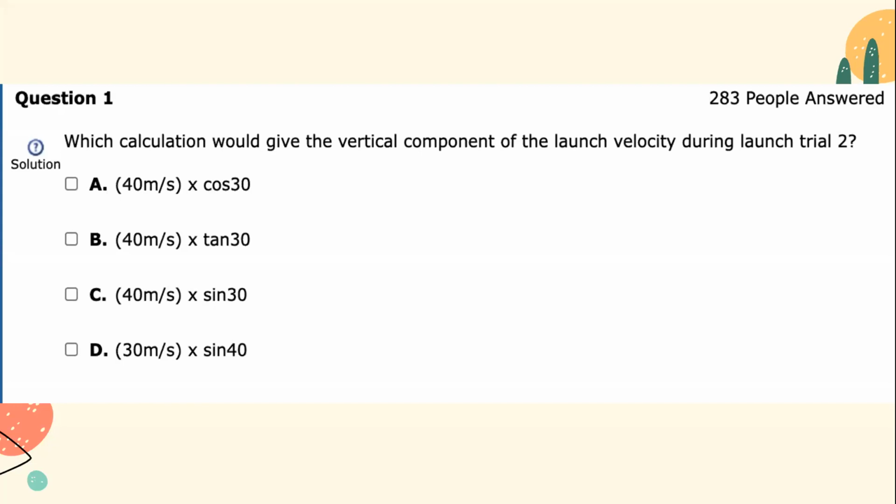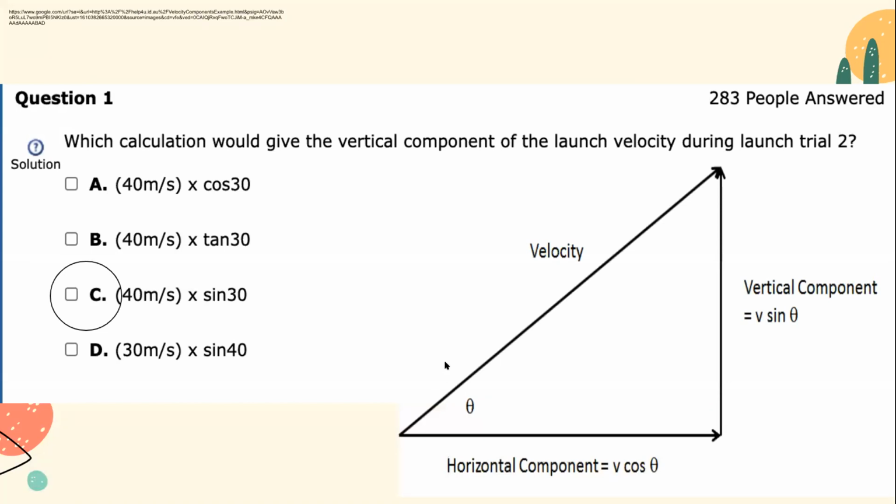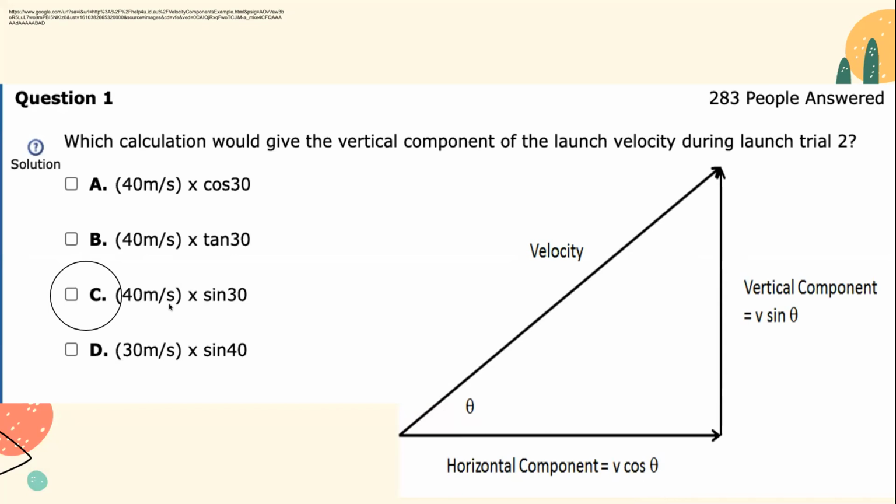This one I mostly memorized, so I just drew out the horizontal and vertical component of that initial velocity, and I just used the basic SOHCAHTOA, and sine 30 was the result. Yeah, perfect. Thank you. Like Eric mentioned, in the vertical component, this is something you should know: sine theta is for the vertical and horizontal is cosine theta. And we would just match up the launch trial to speed and get the degrees.